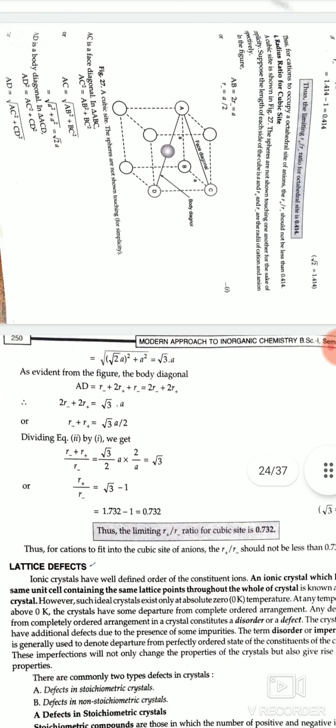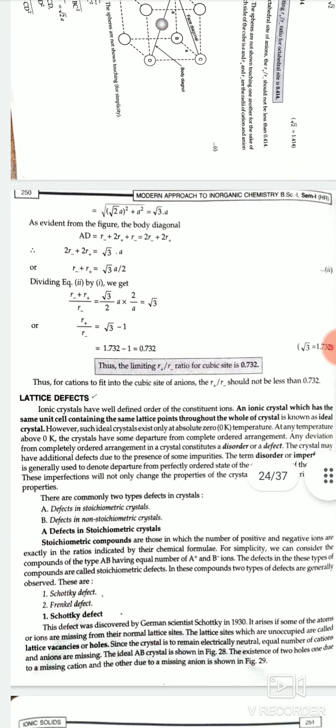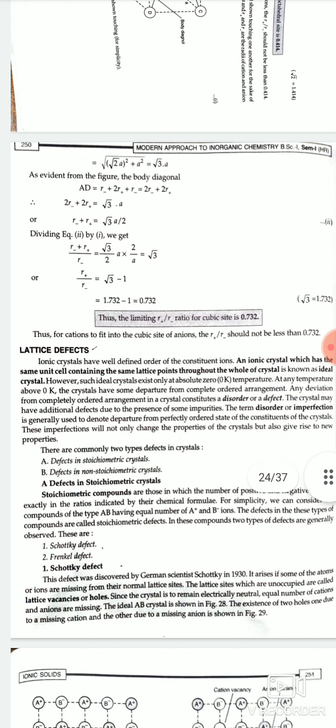Now under root (√2 a) whole square plus a square is equal to √3 a. As evident from the figure, the body diagonal AD is equal to r negative plus 2r positive plus r negative, that is equal to 2r negative plus 2r positive. Therefore 2r negative plus 2r positive will be equal to √3 a, or we can say that r negative plus r positive is equal to √3 a by 2.